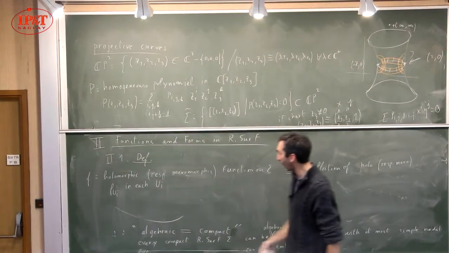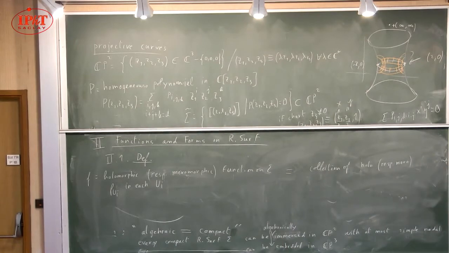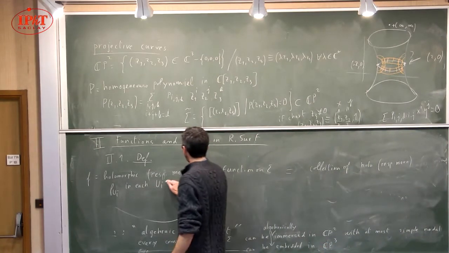Now it will be holomorphic, or meromorphic, in the sense of a function defined on an open set of C. Remember that Ui is an open set of C.